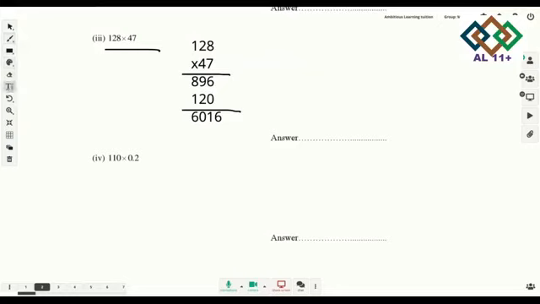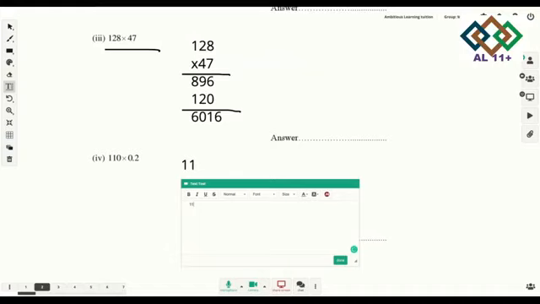In the next one, you have to multiply 110 multiplied by 0.2. That will give you 210.